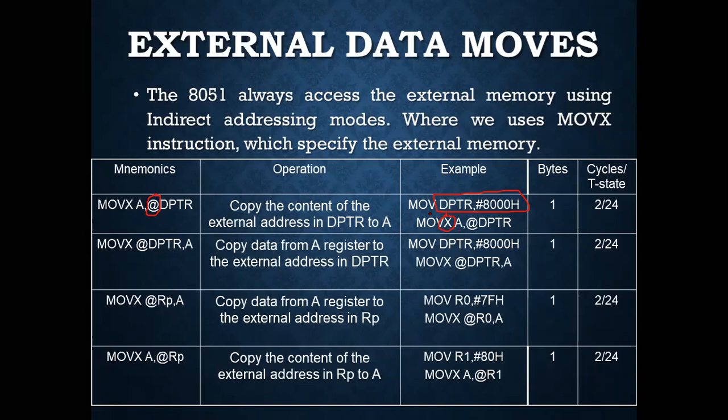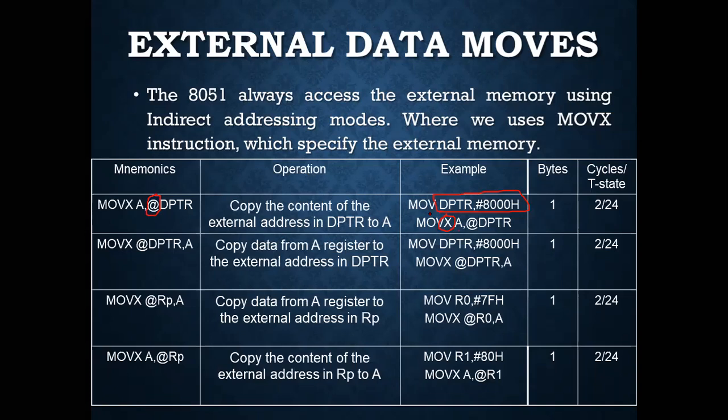This MOVX instruction cannot be used for internal movement operations; then we have to use MOV only. Clear? So MOVX means from external RAM to an internal register, and from a register to external RAM, that is memory.